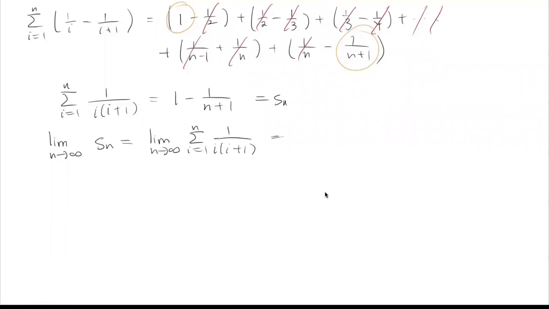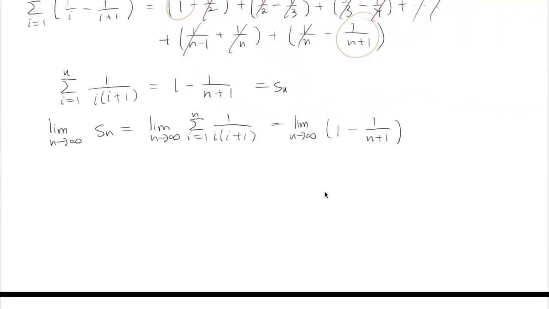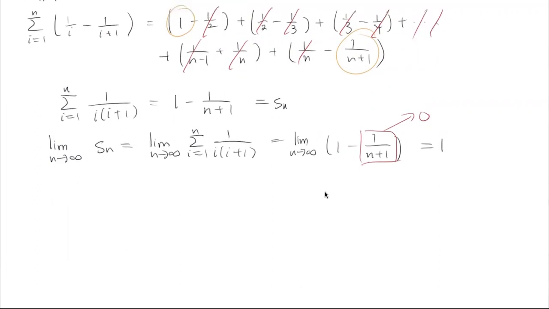So if we take the limit as n approaches infinity of 1 minus 1 divided by n plus 1, you see that as n approaches infinity, this number is going to go to 0. And what we're left with is just going to equal 1, right? So therefore, the series converges to 1.